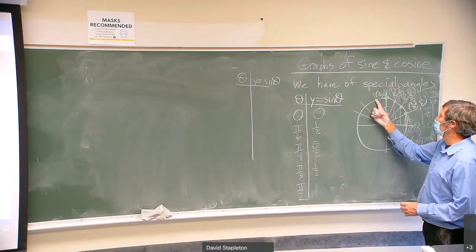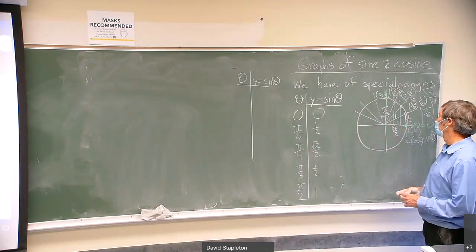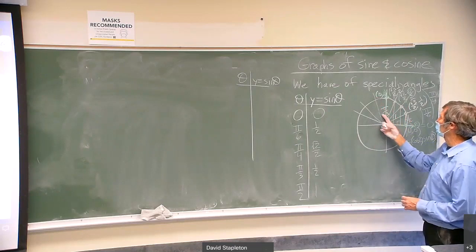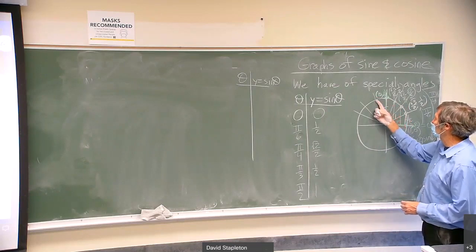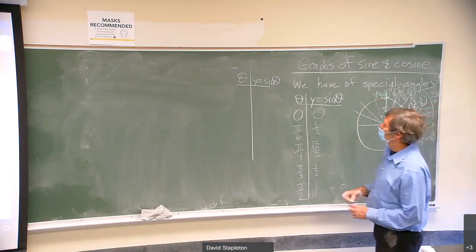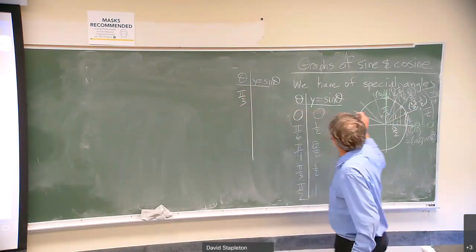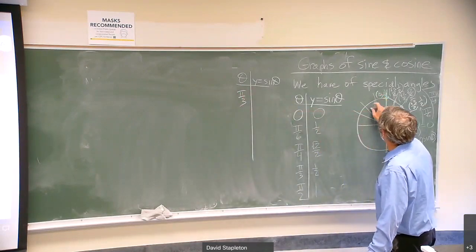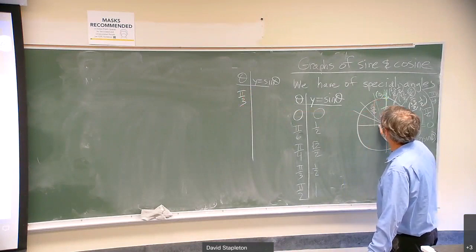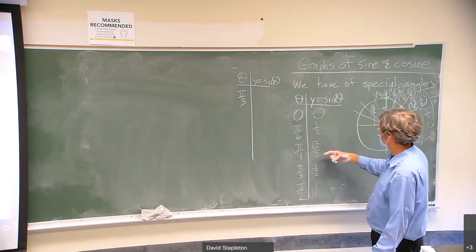If this is 30 degrees past 90, so it's 120 degrees, you can multiply by pi over 180 and find out this is 2 pi over 3, or you can say it's pi over 6 past pi over 2. So the next special angle is 2 pi over 3. For this 30, 60, 90 triangle, I have 1/2 here and square root 3 over 2 here. The y coordinate is plus square root 3 over 2.